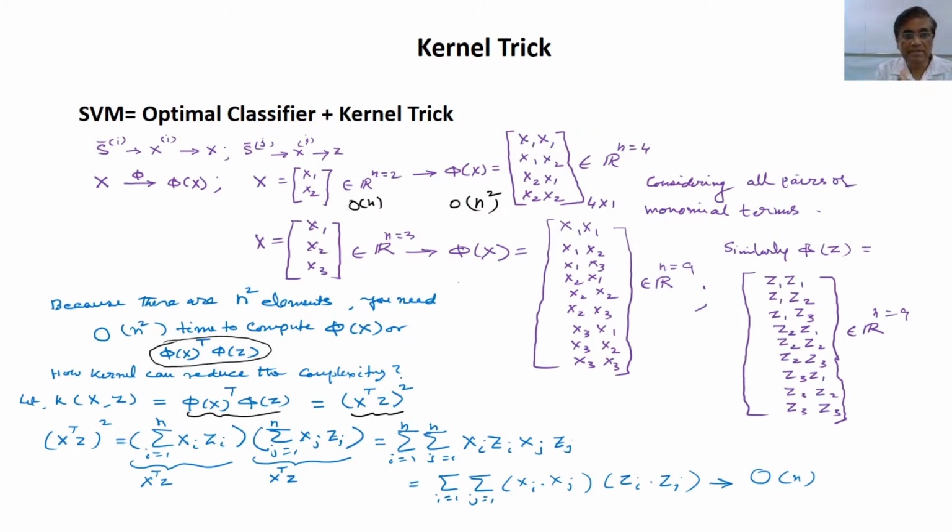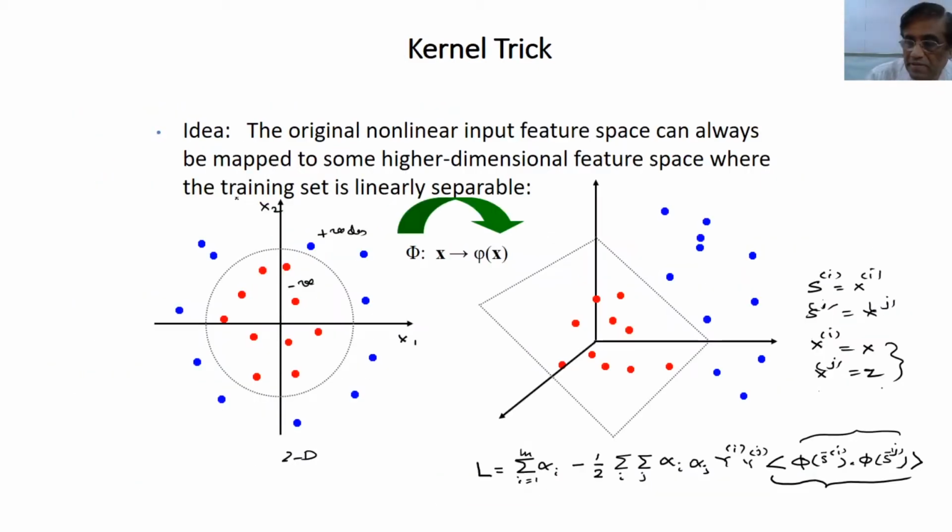So support vector machine is actually our original optimal classifier plus the kernel trick. Okay. So we are trying to discuss the kernel trick here in more detail, and how you can get benefit out of it will be explained to you. You see, doing feature mapping and finding a suitable phi is extremely cumbersome.